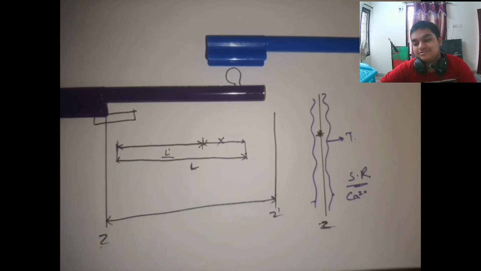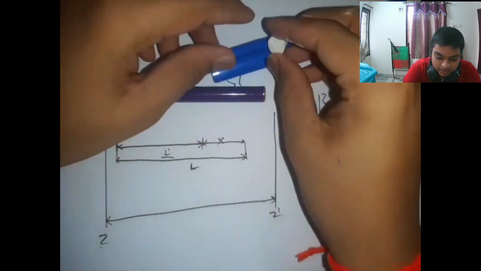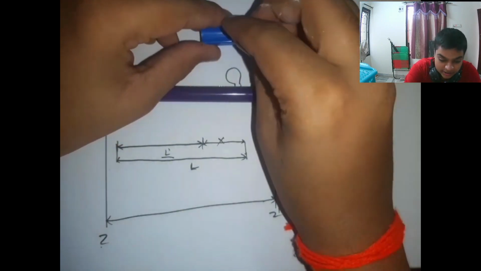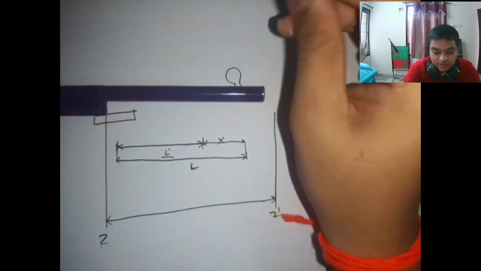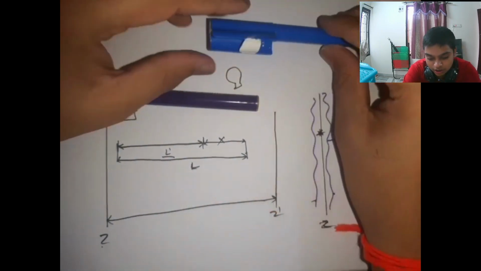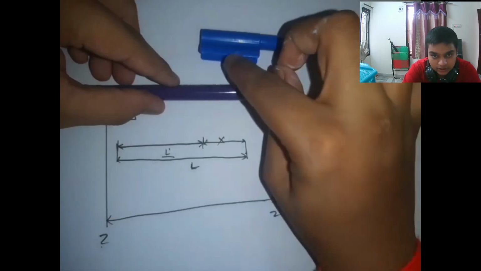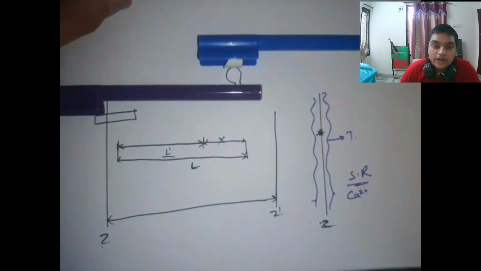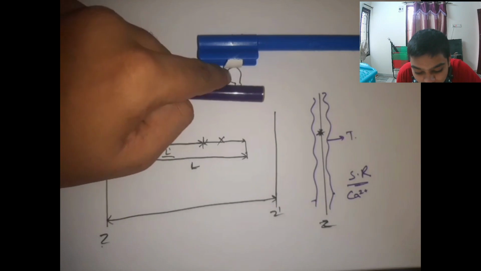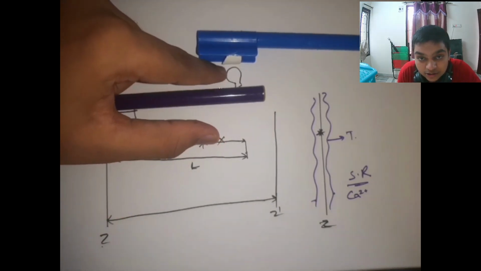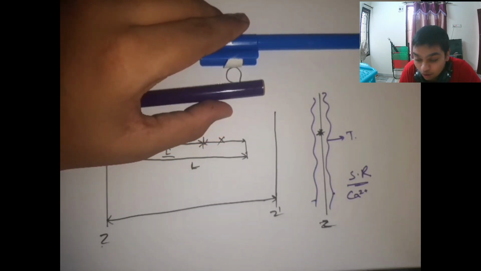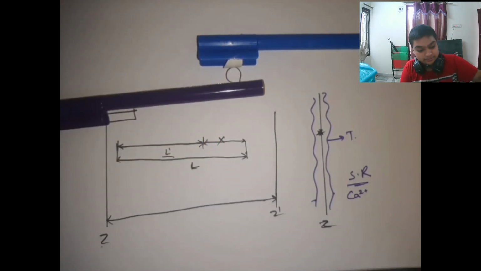That is why I have selected this type of lecture for the sliding filament theory. That is very important. Now see, this chalk piece I am putting here. Suppose this chalk is the troponin. It is not allowing the myosin head to bind. It is masking. Now calcium ions enter.